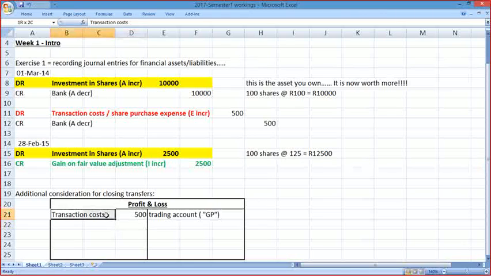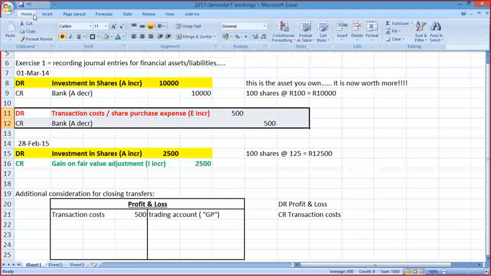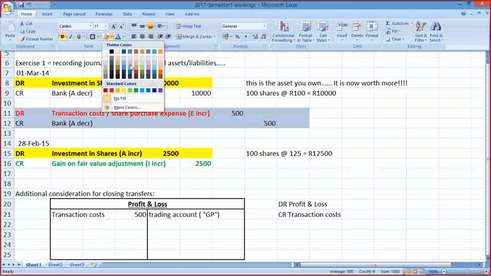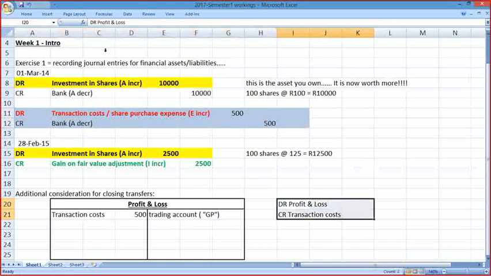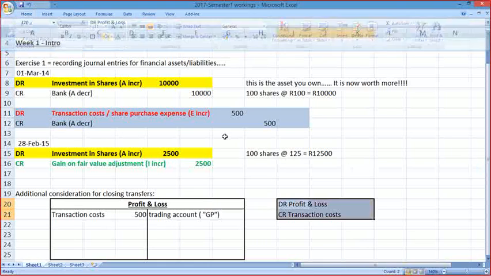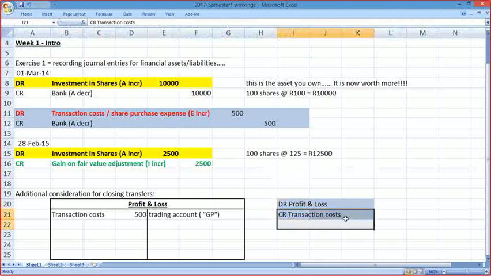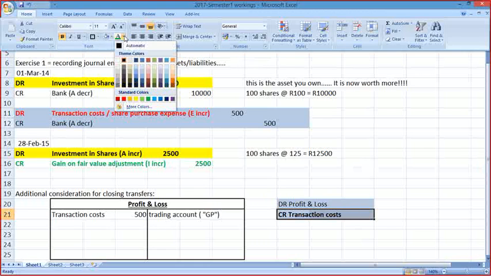And the reason for that is you would have debited profit and loss, and then you would have credited the transaction costs. Okay, so then do you agree, if I look at this account and that account there, this credit cancels with that debit.